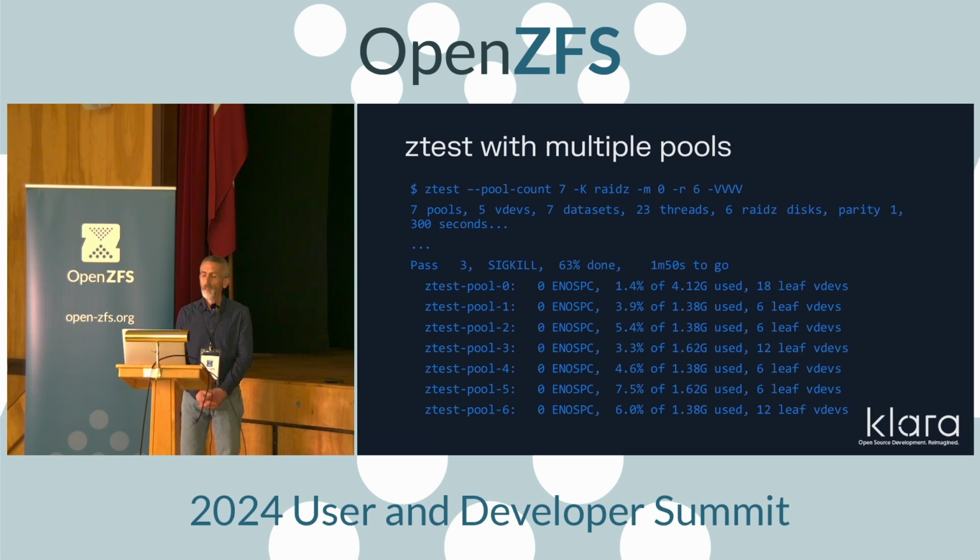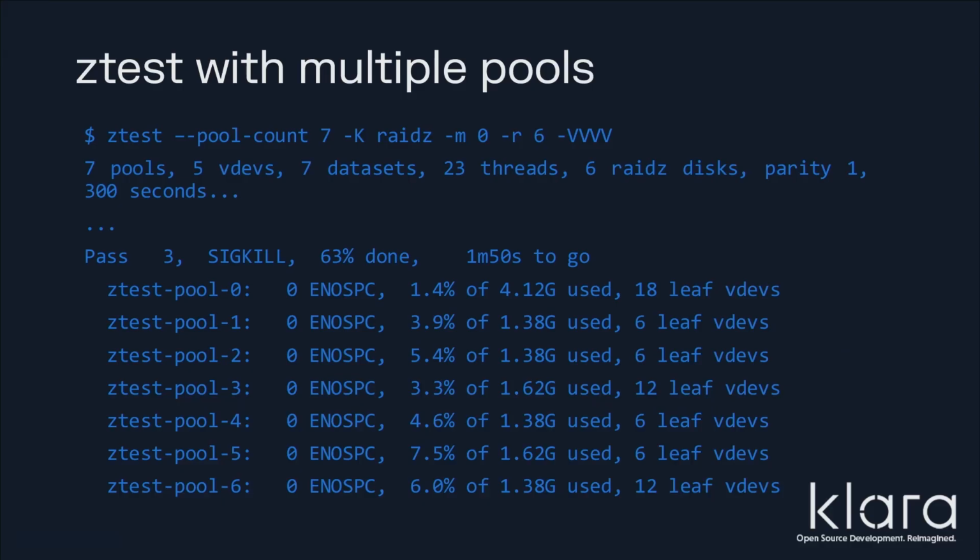Here's a run, though you probably can't see that. It's the same thing, except now the summary, instead of just saying I have this pool, how much space I got out of it, and how much I'm using, shows more. In this case, I was running it with RAID-Z with 6 disks, parity 1.